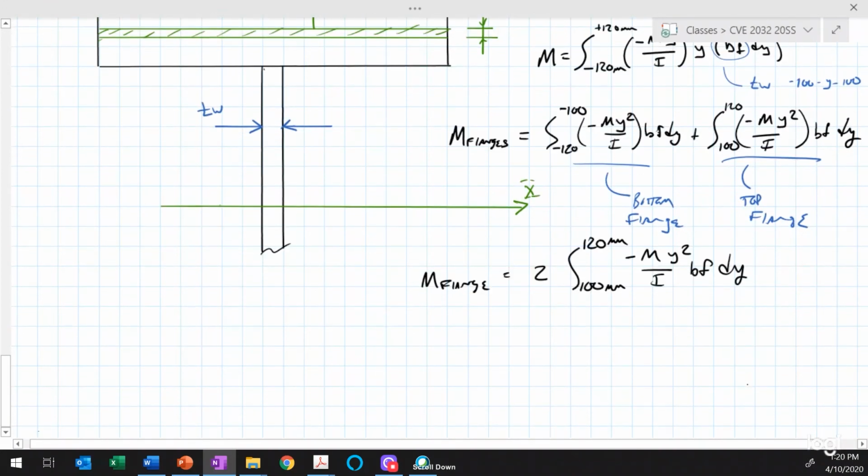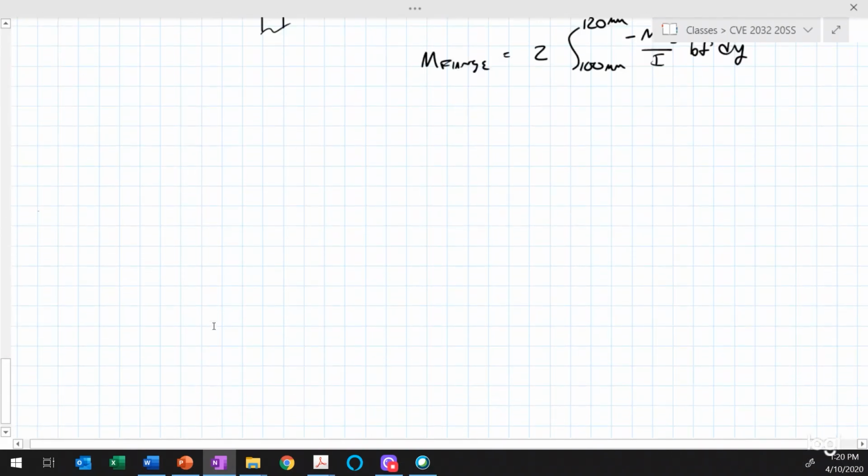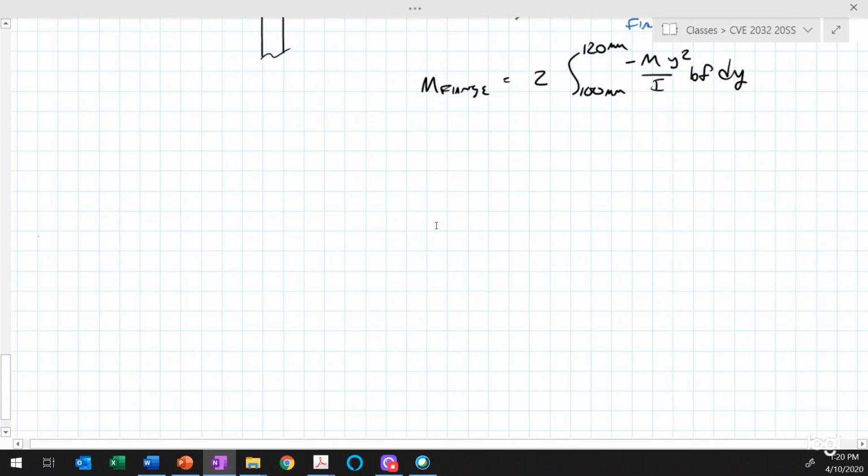All right, let me scroll down a little bit and give myself some more space to work with. There we go. Now if I do my integration here, we could say that M flanges is equal to minus M, b sub f, and I come out, since none of those are functions of y.